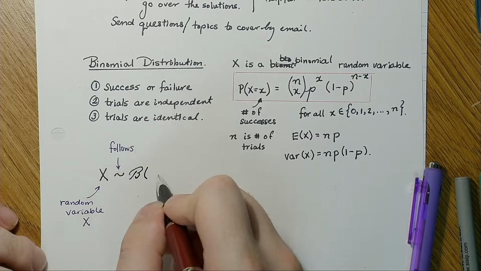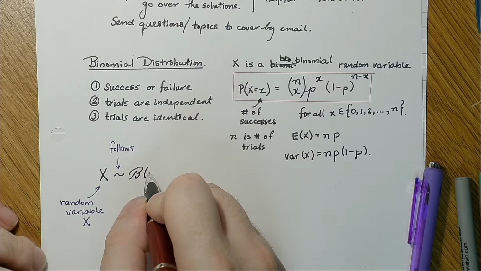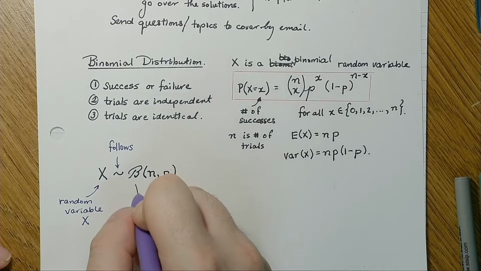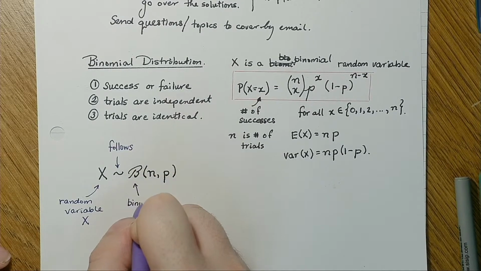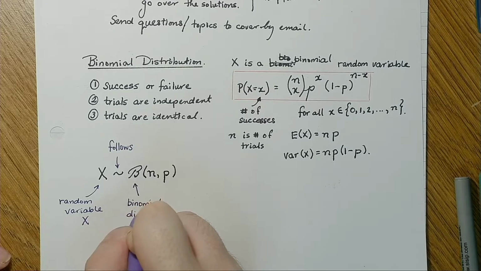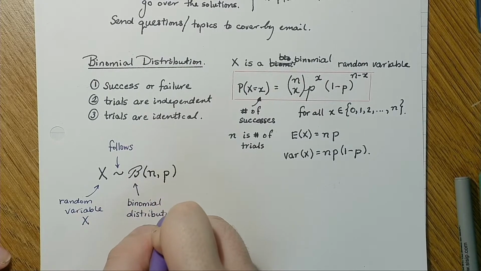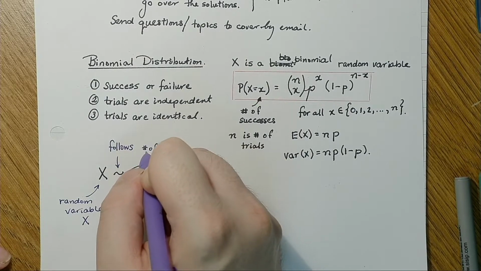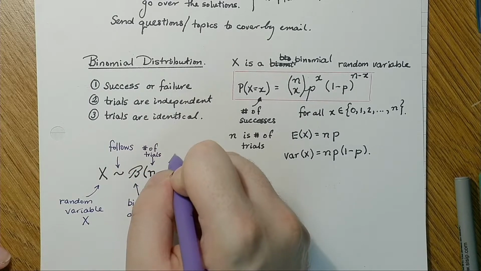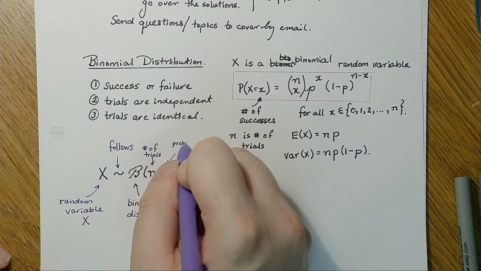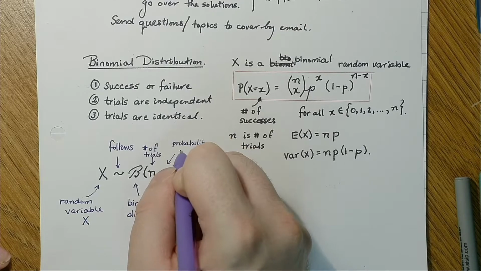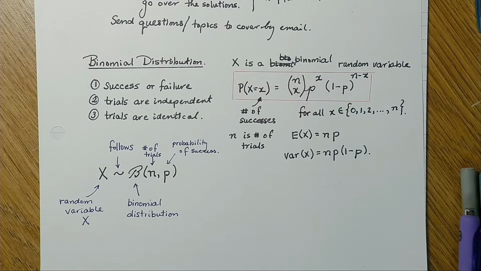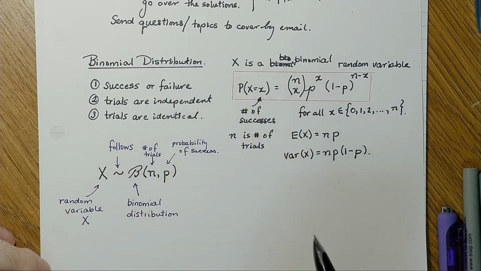And there are only 2 parameters that we need for a binomial distribution: n and p. That's the number of trials, and over here, that's the probability of success. And those are just 2 parameters.